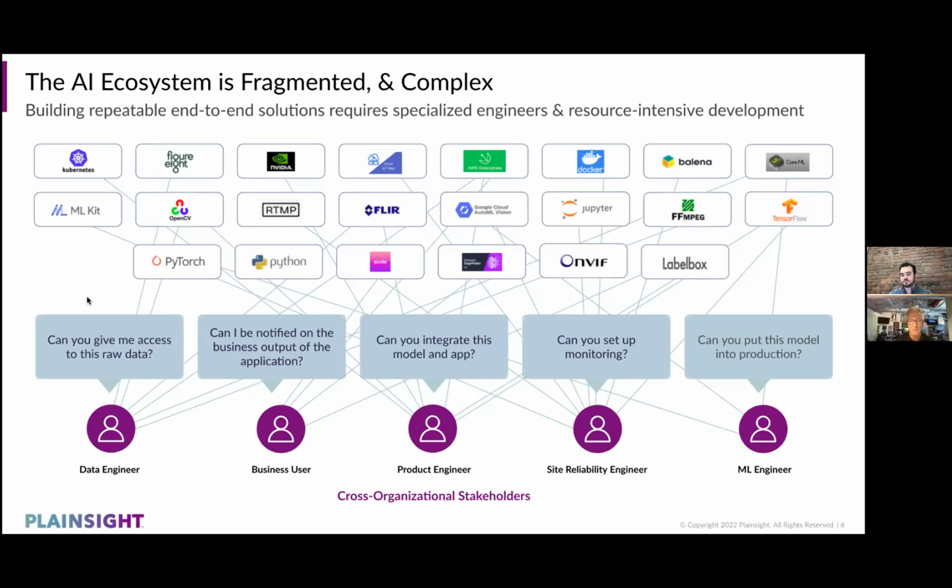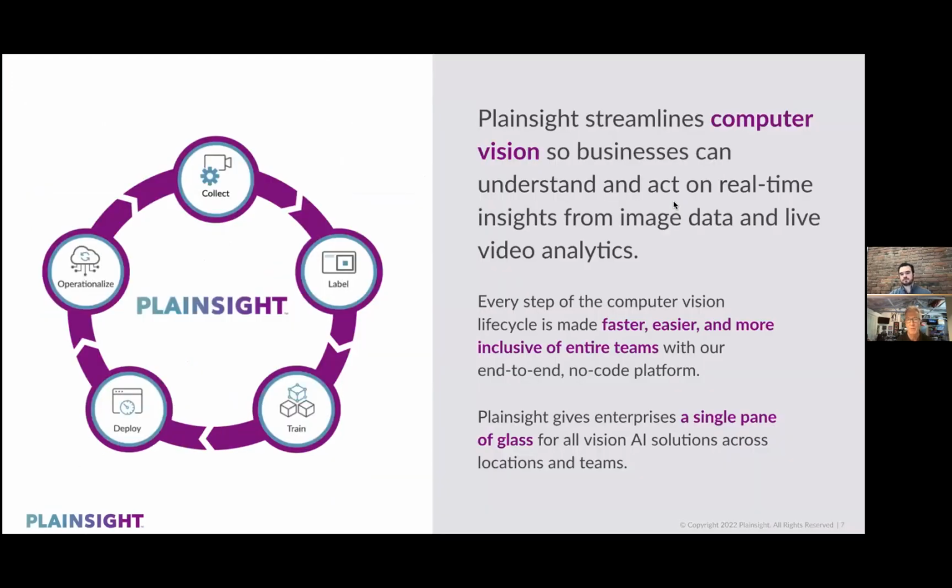So Sage, if you go to the next slide, this is what we've done. We've tried to narrow it down to 5 key components of the machine learning lifecycle, from collecting the data to labeling it, training it, deploying it, and then operationalizing it.